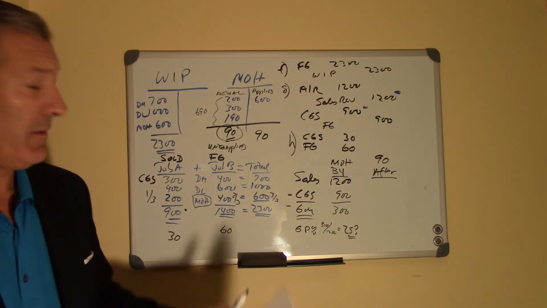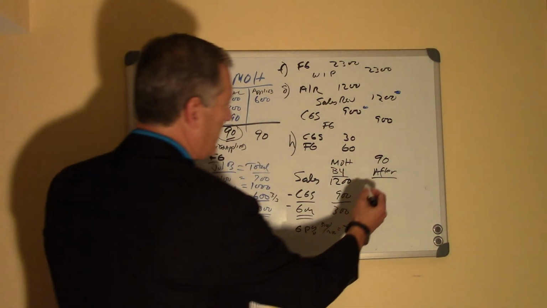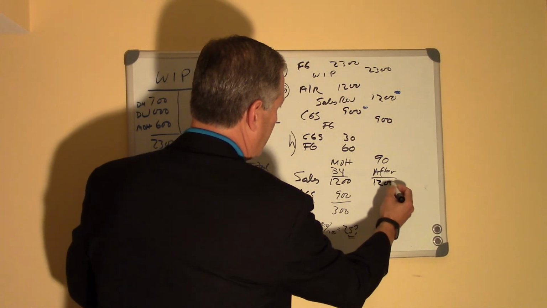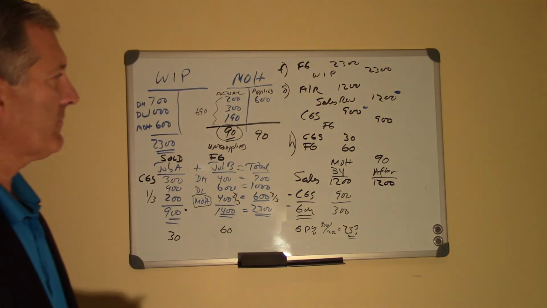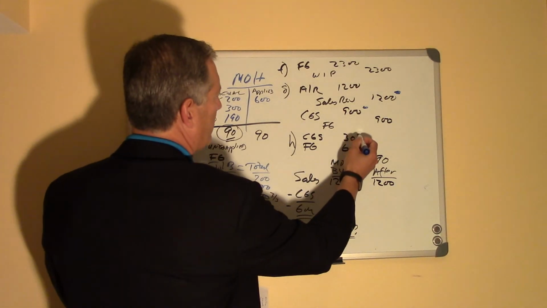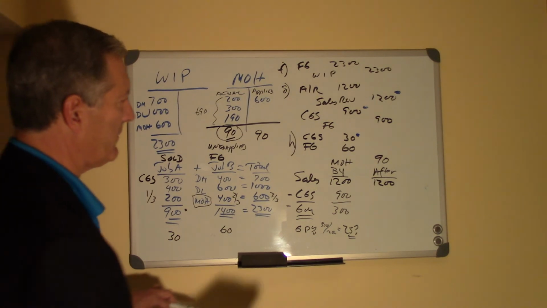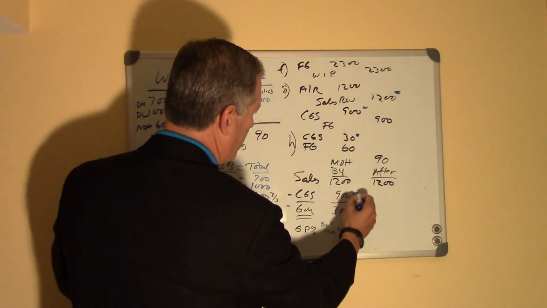After journal entry H, the sales revenue doesn't change. Sales revenue is going to stay at $1,200. But look what happens to the cost of goods sold. Journal entry H adds $30 to the cost of goods sold. 900 plus 30.